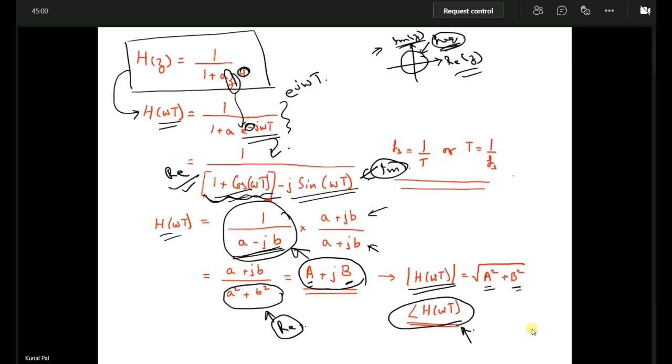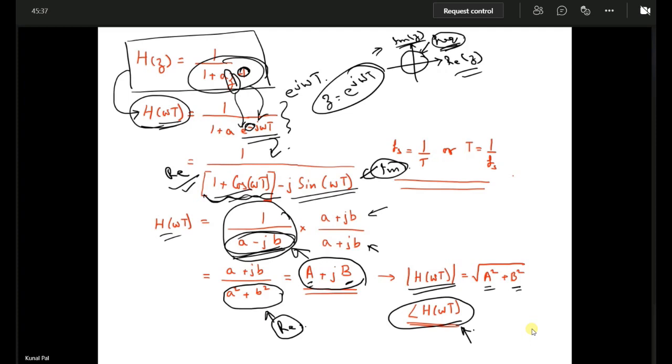Whenever you get something in terms of Z inverse, you convert it into the H of omega t equation, where Z is replaced with e to the power j omega t, so that we get to the frequency axis on the Z plane. Then you break it down into rectangular coordinates, and you will have a plus jb or a minus jb.